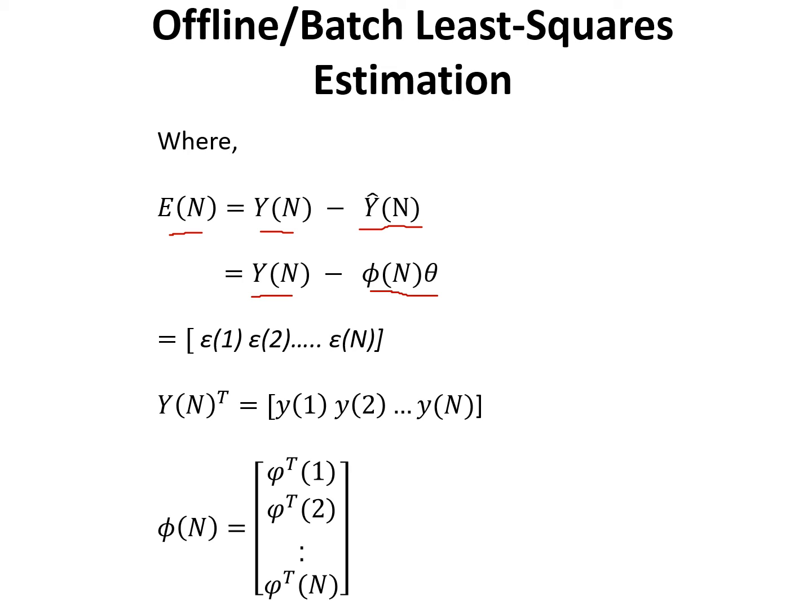Therefore, En equal to zeta 1, zeta 2 until zeta n, while Yn transpose equal to Y1, Y2 until Yn, and Phi n equal to phi transpose 1, phi transpose 2 until phi transpose n.